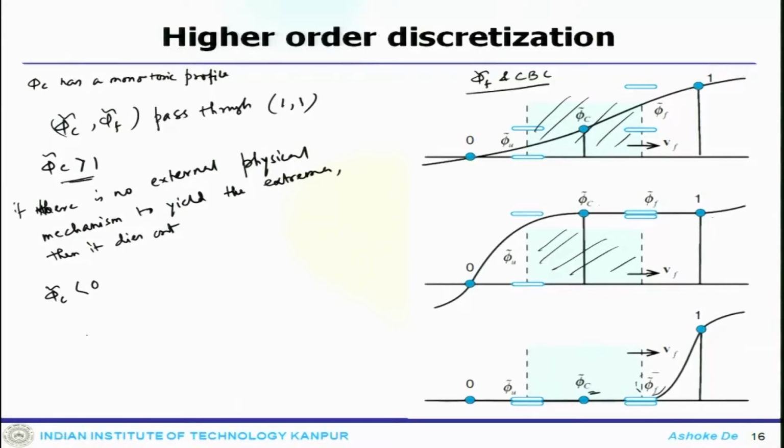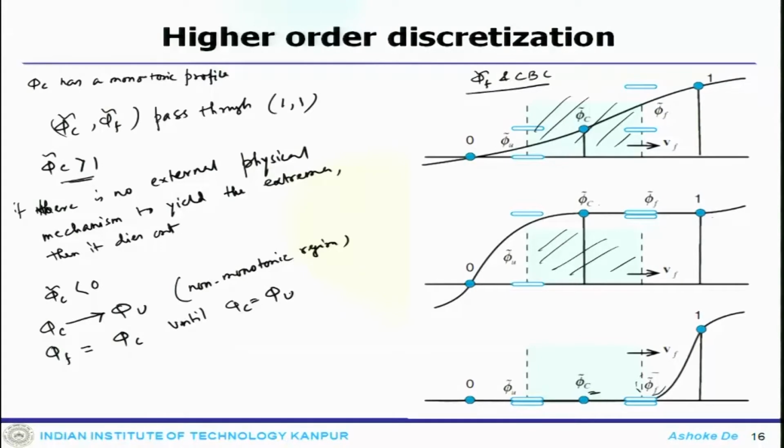However, one point you can note here: when phi c goes closer to phi u, coming from the non-monotonic regime, then phi f would be equal to the upwind value phi c until phi c equals phi u, implying that the condition phi f passes through 0, 0.